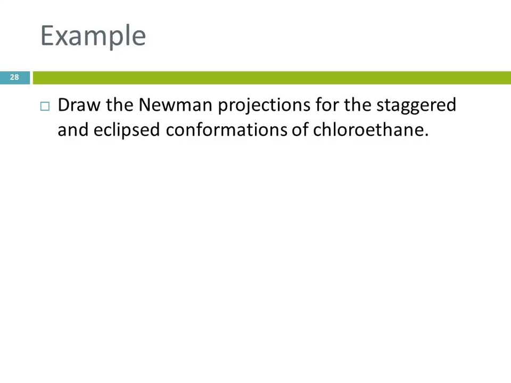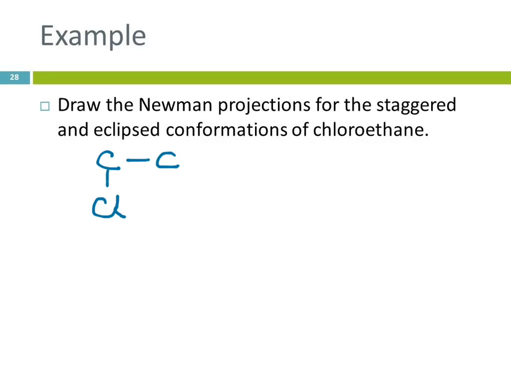Okay, first of all, what is chloroethane? Well, what's ethane? How many carbons? 2 carbons. So 2 carbons. And chloro then is a substituent. Which carbon is it on? 1. It's on the 1 carbon, but it doesn't matter which one you put it on, because whichever one you put it on will be the 1 carbon.